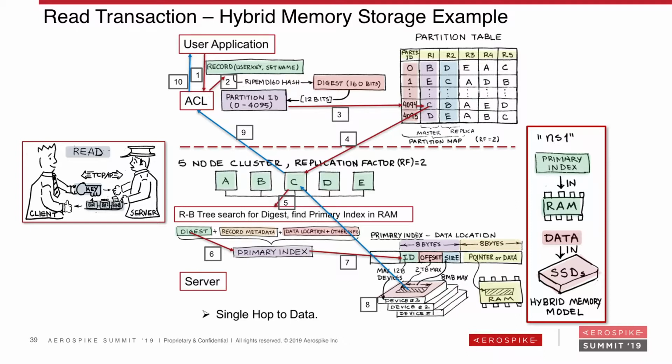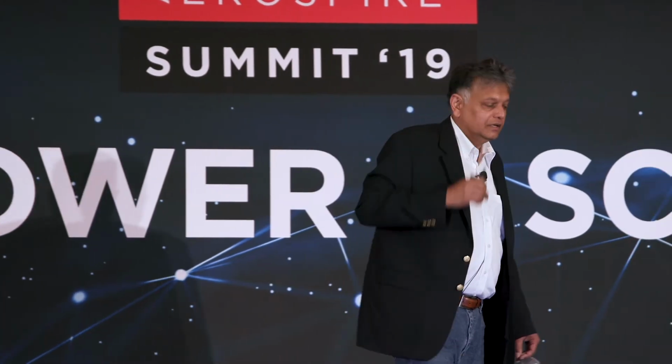When you store primary index in the all-flash case on an SSD, that's where the trick comes. You want to size your sprigs in such a way that all your search happens within 4 kilobytes, which is the page size. So you can do everything in one read, one page read. Okay?